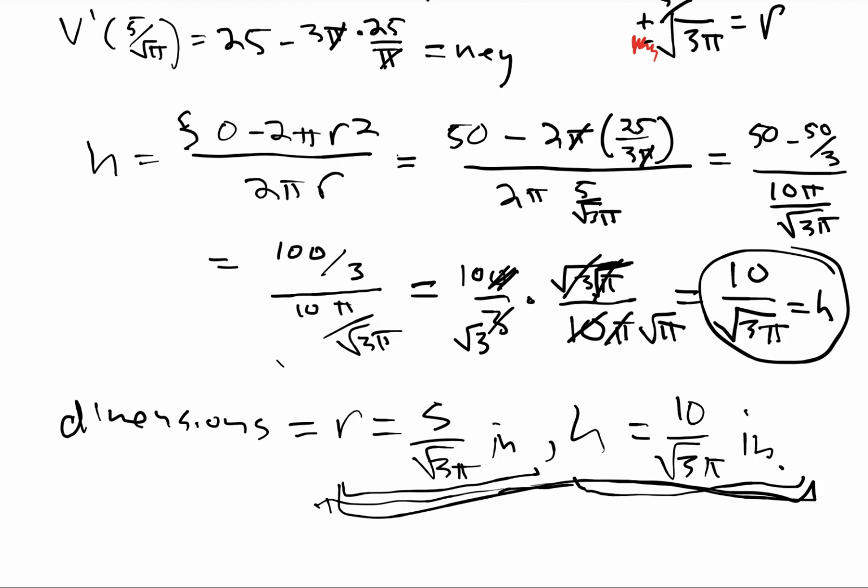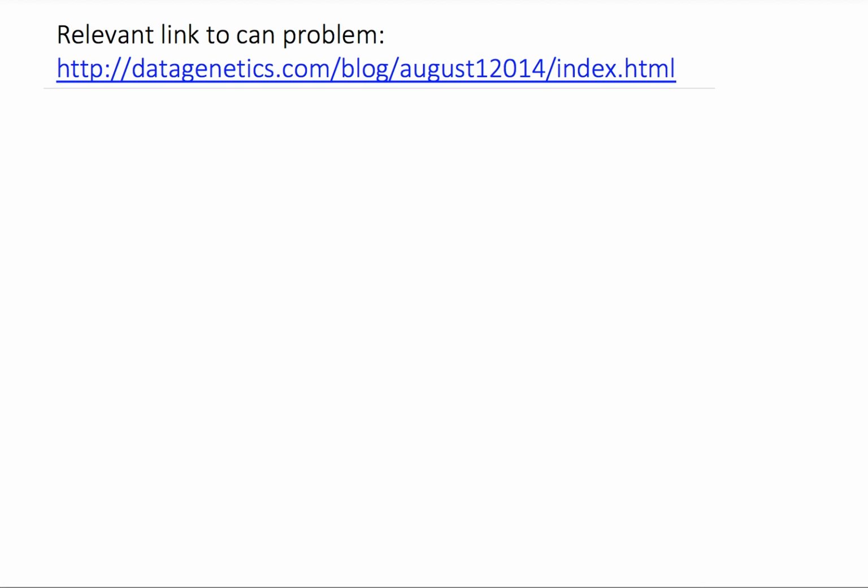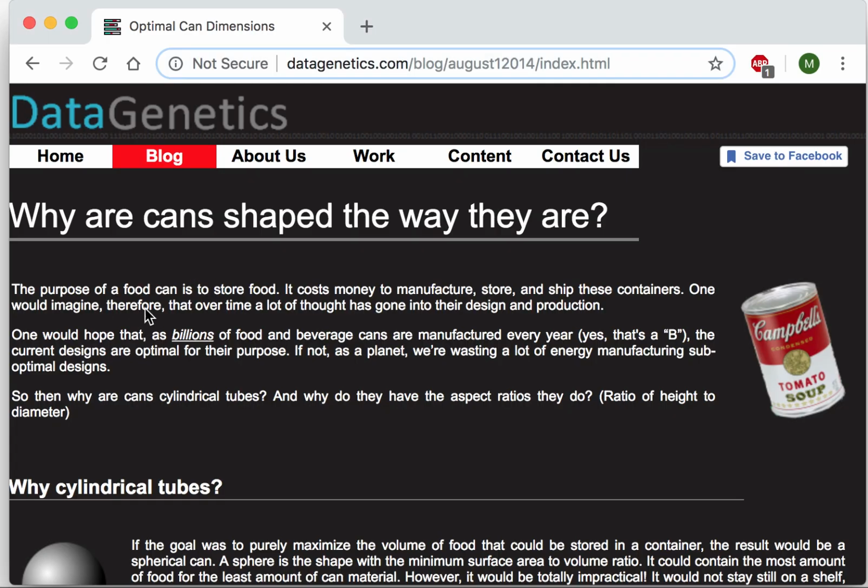But just as a demonstration of the kinds of things that you might run into more in the wild, this problem was very related to, and I'll pull up a link here, this can problem that I posted at this link. So this is a blog post that I found, this guy actually, right here, on why cans end up being shaped the way they are.